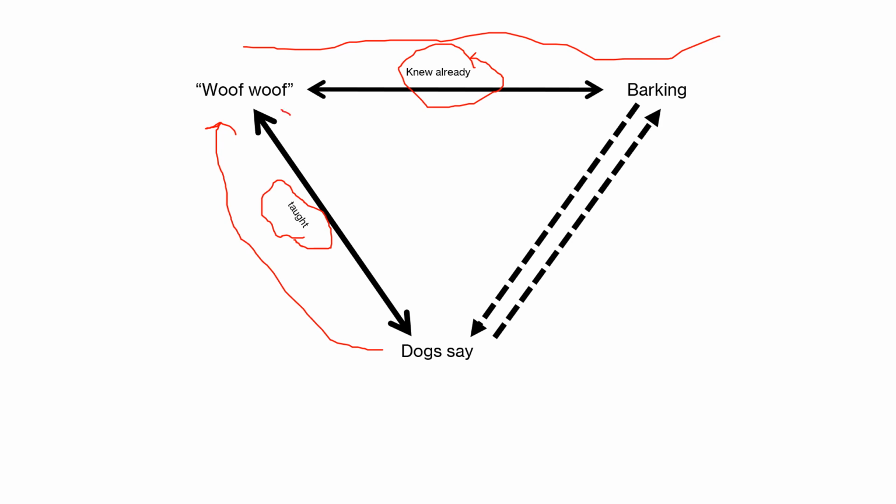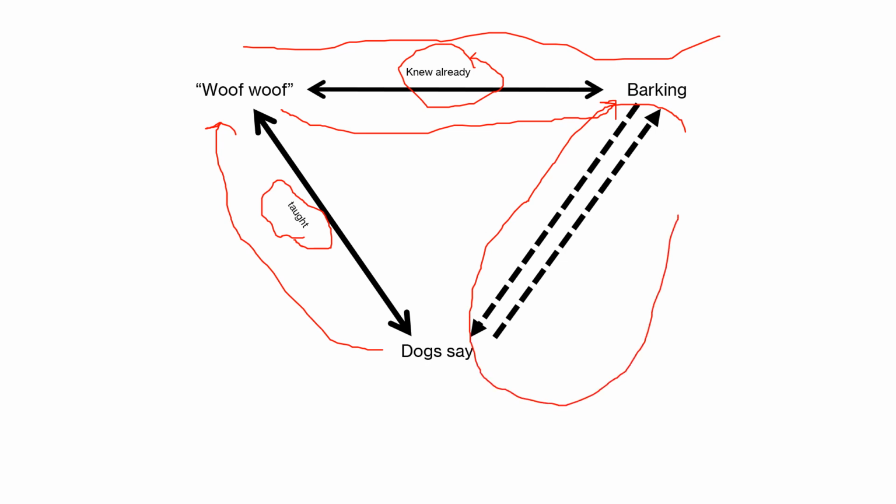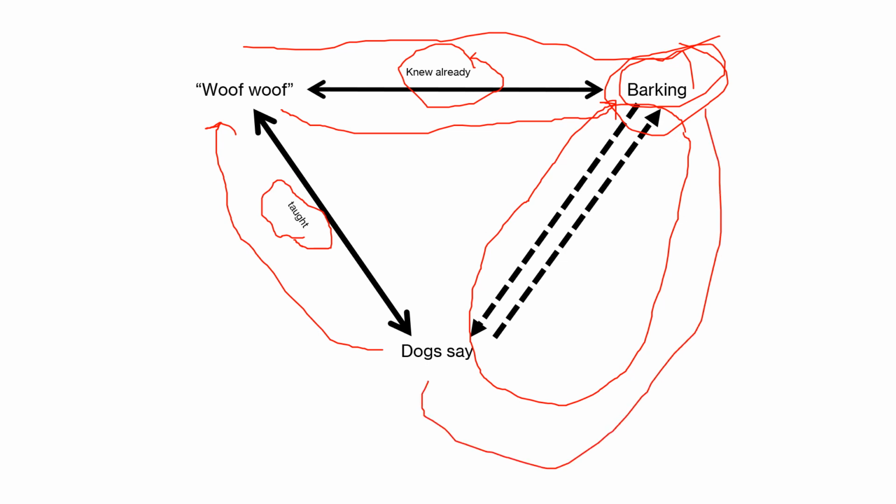Thus, he connected, since he knew woof woof describes barking, he was able to form this relation here. So when he hears barking, he knew, oh, that means a dog is present.